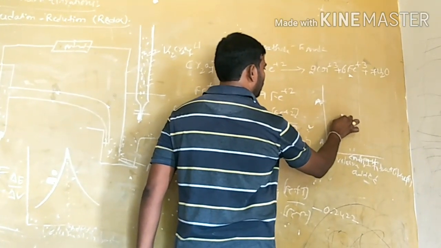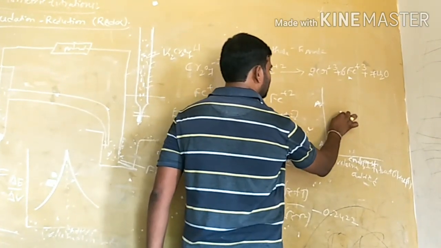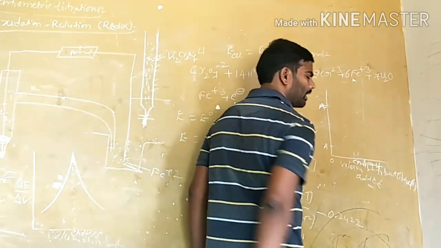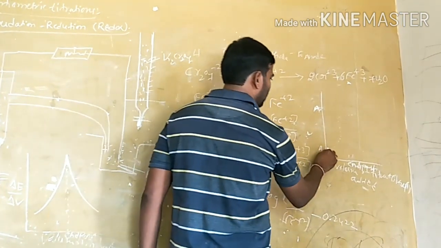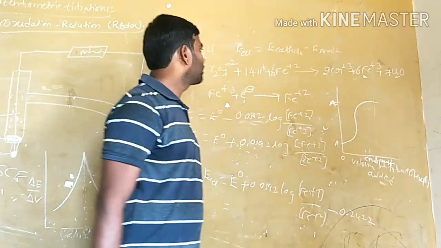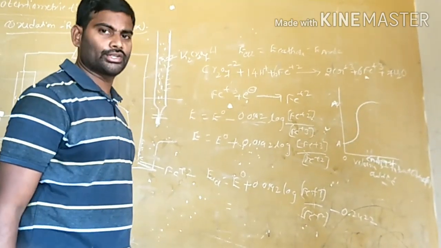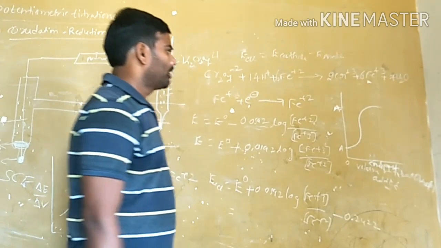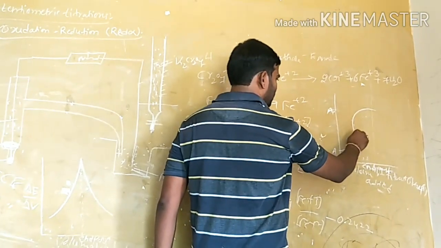Then we get a sigmoidal curve, the type obtained in oxidation reduction reactions. The endpoint will be this one.